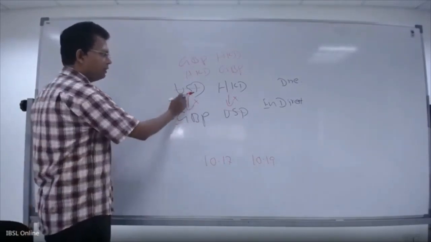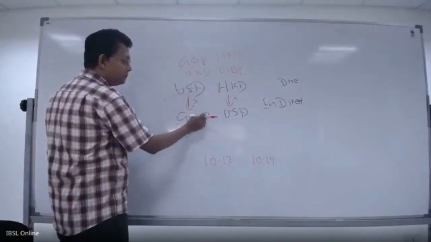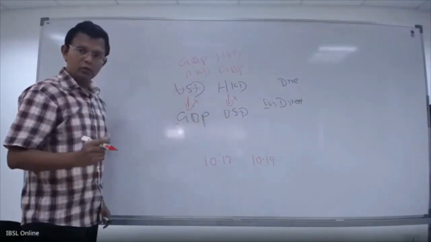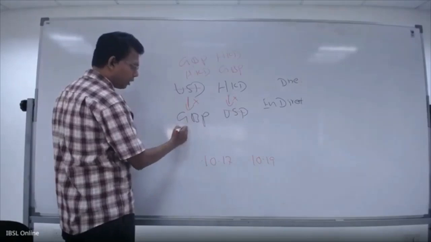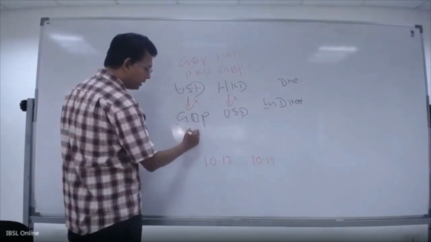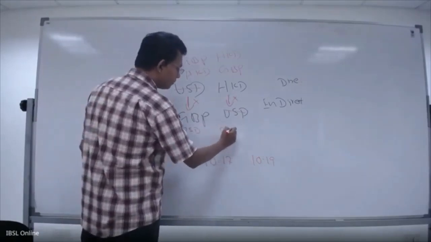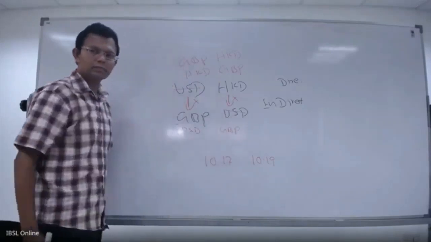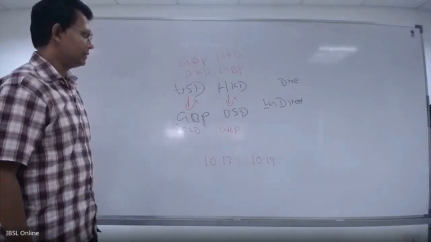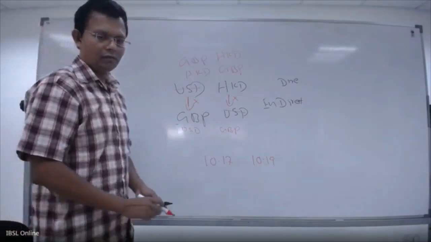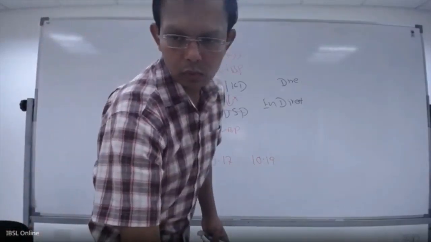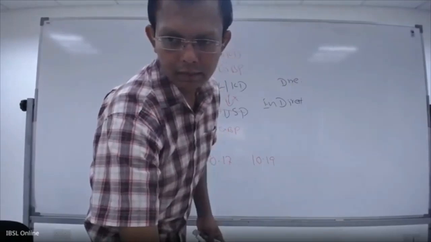Now we have been given USD HKD and GBP USD. Then we'll have to work out how much USD GBP. How do you do this? Now we will write down the two currency pairs they have given.